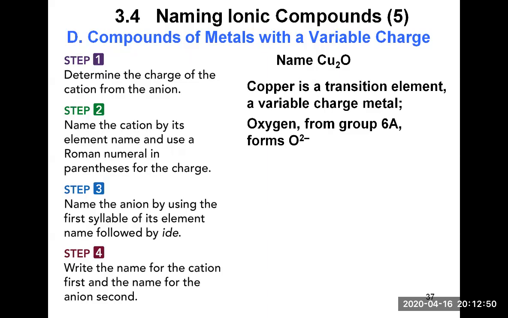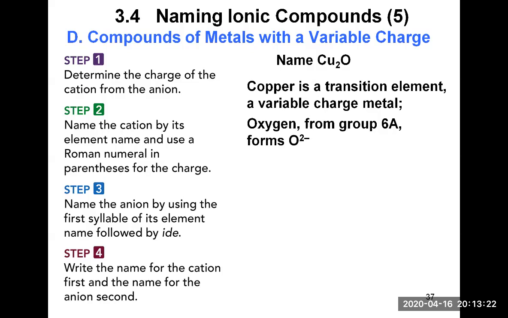And we know the formula is neutral, which means all the negative charges are cancelled by the positive charges. Here we have only one oxygen in the formula, and it carries 2 negative charges. So we have a total of 2 negative charges, and we need 2 positive charges to cancel them. So the 2 coppers must carry 2 positive charges in total.